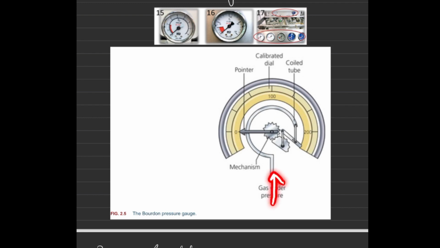The more the pressure, the more the straightening of the coiled tube, and the more pressure is shown on the calibrated dial. This is the principle of the Bourdon spring tube pressure gauge.